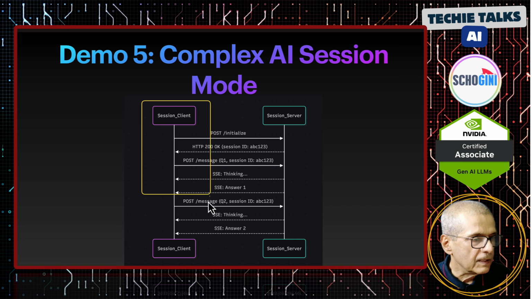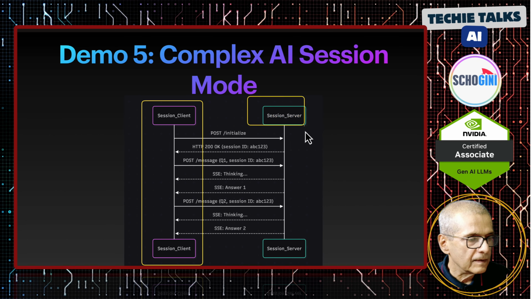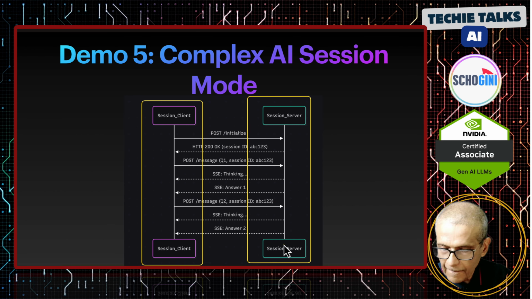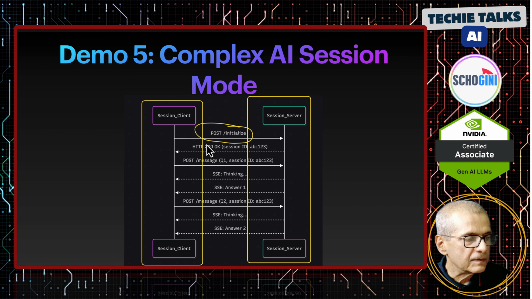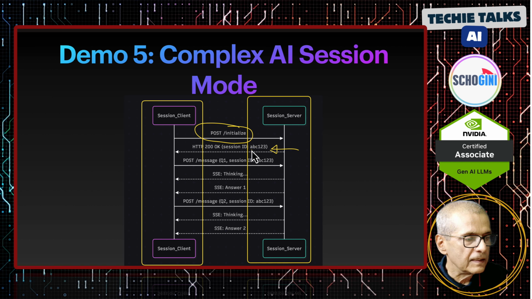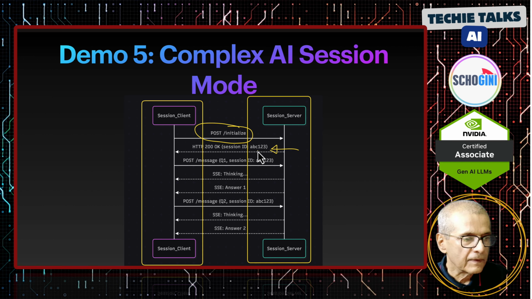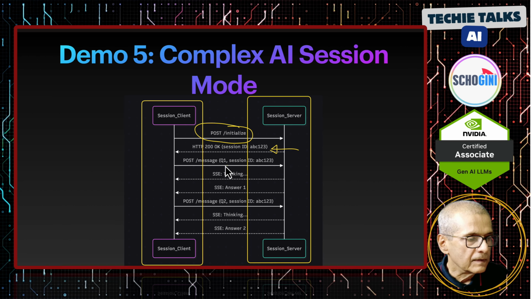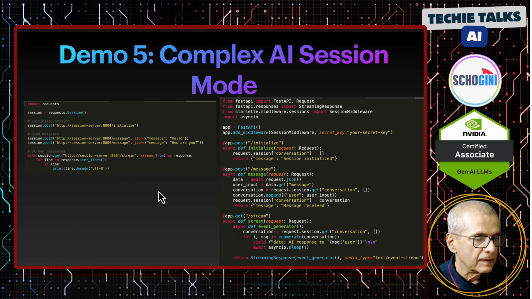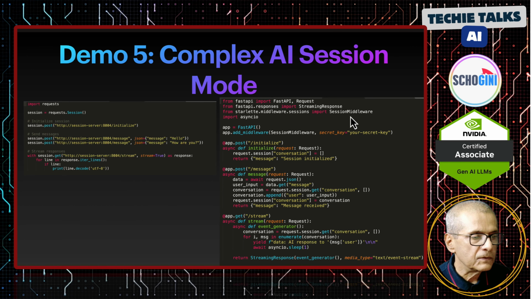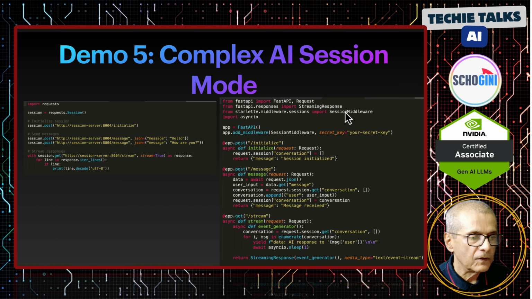So here we have the client and the server. The initialize happens, we get the session ID, say ABC123, like our SSE transport. Then with the session ID, we begin the communication. Here is the code. Here again we are using Starlette middleware for session handling.